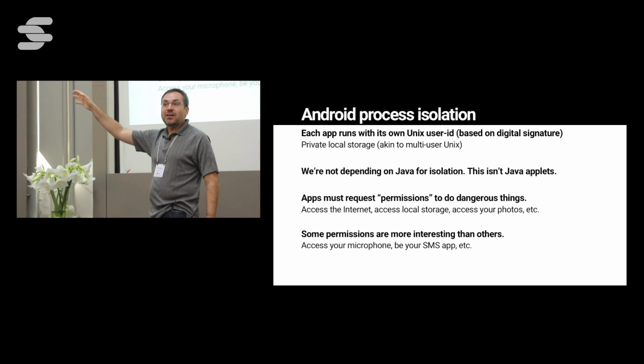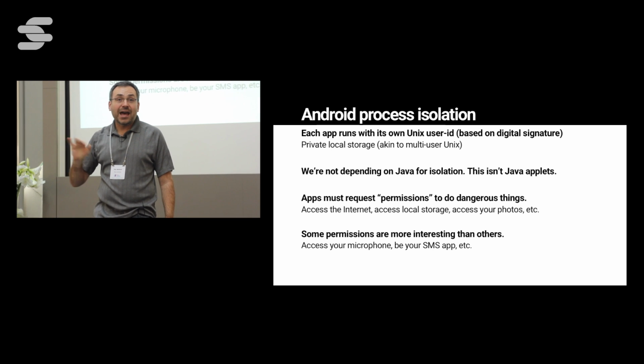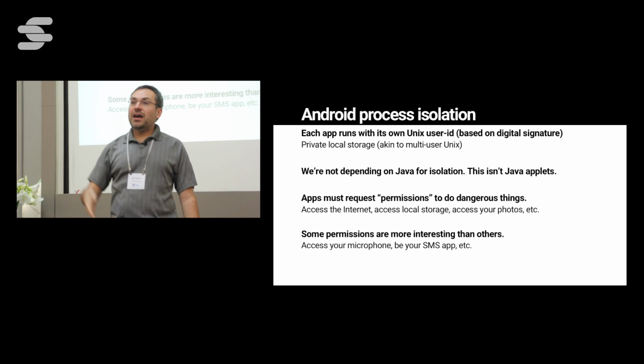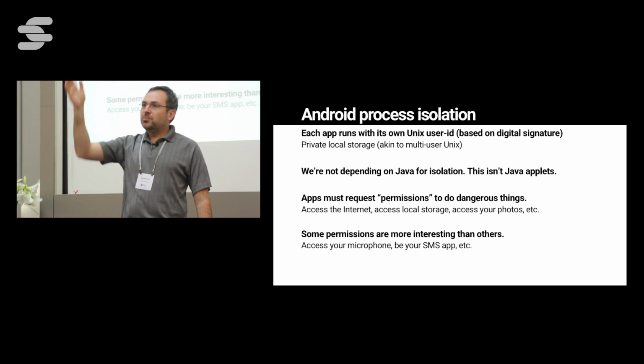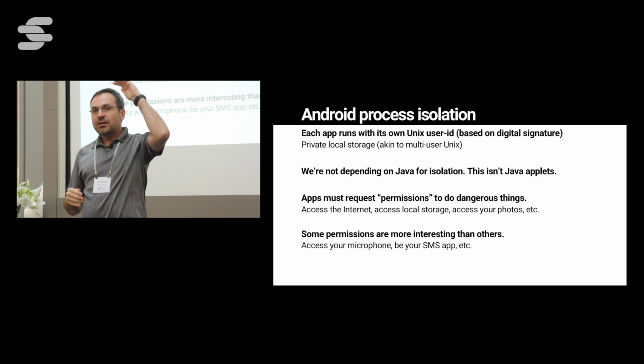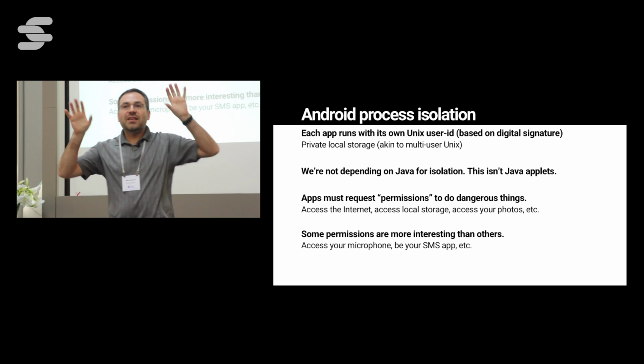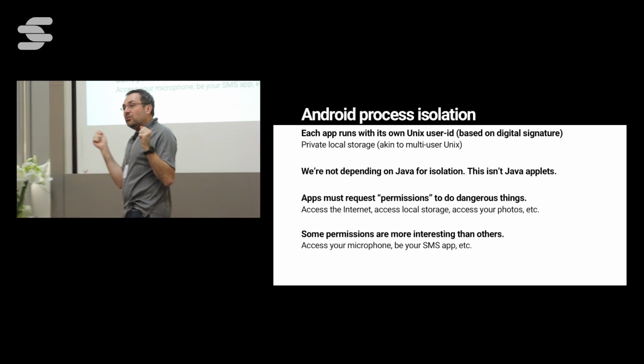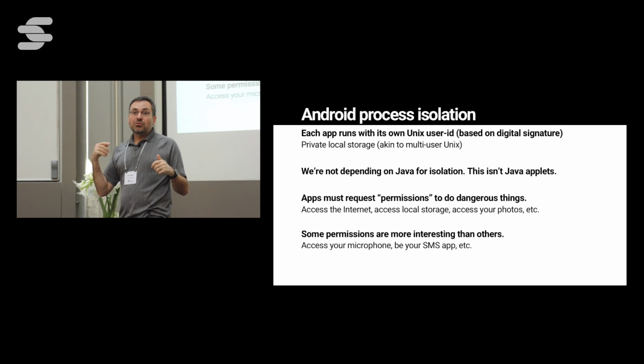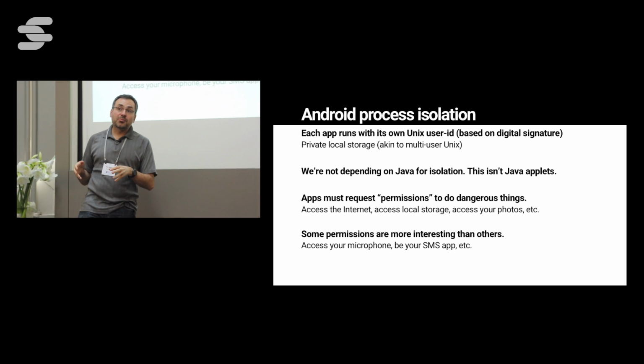Android does the same thing, except the users are apps. So now Facebook has a directory, and Google Plus has a directory, and Snapchat has a directory, each one of these has a separate directory with its own user ID, and it's actually derived from the digital signature on the app.